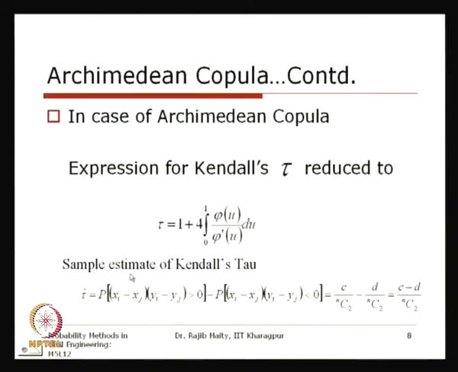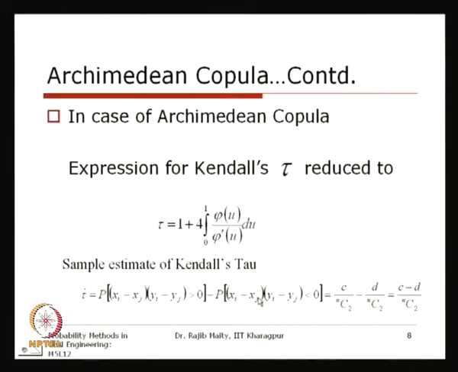This sample estimate of Kendall's tau, this tau cap, is equal to the probability that xi minus xj multiplied by yi minus yj is greater than 0, minus the probability that xi minus xj into yi minus yj is less than 0, for all i, j where i and j are not equal. So, this is the mathematical expression. Let me explain what it means.